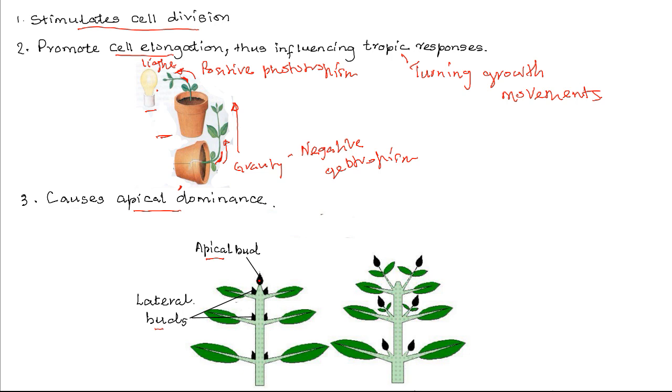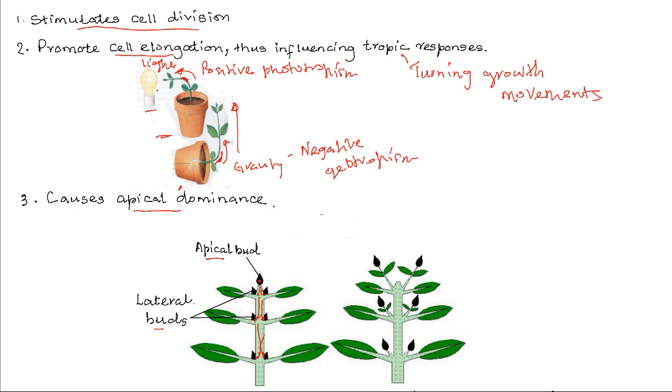So from these apical buds, we have auxins diffusing downwards to the lateral buds below. The high concentration that accumulates at the lateral buds inhibits growth.